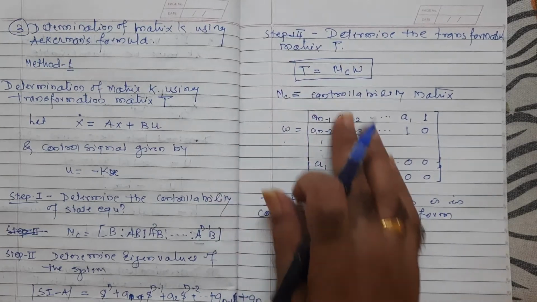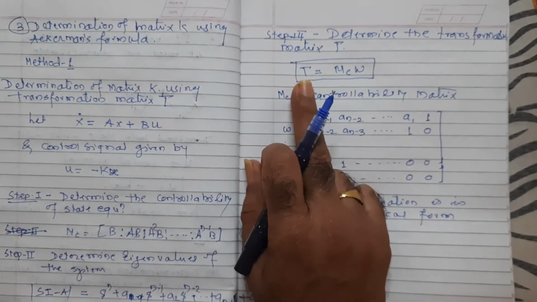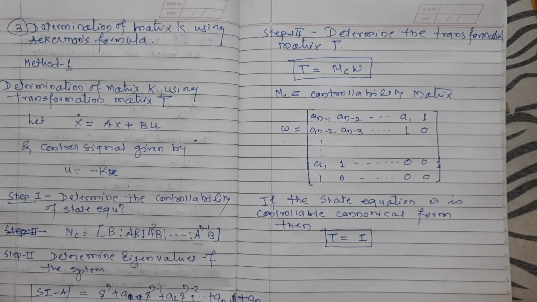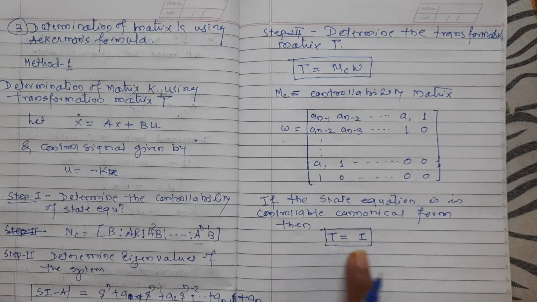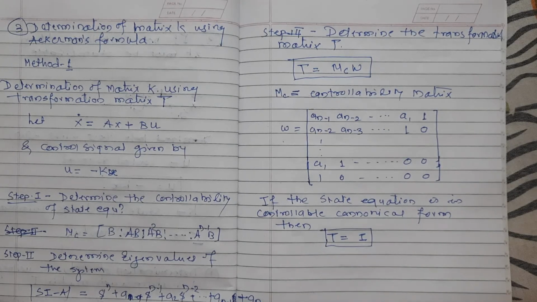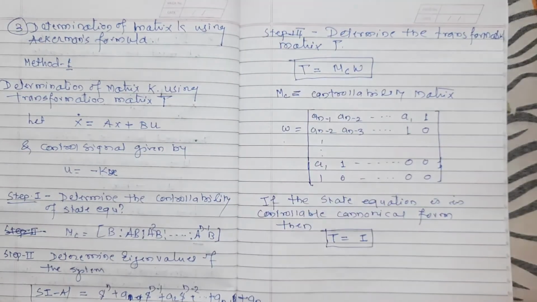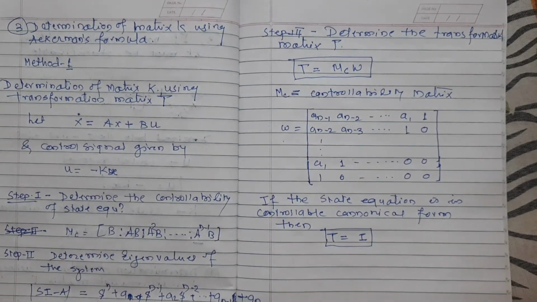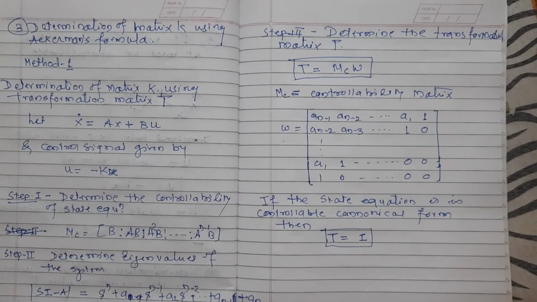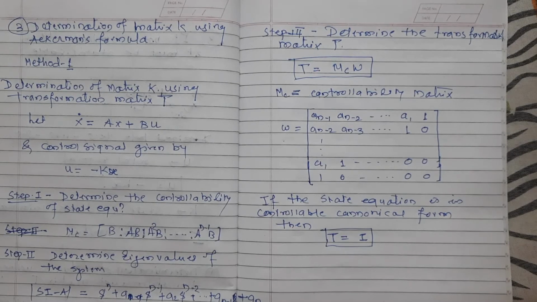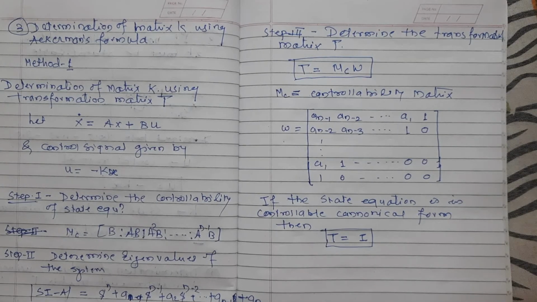The purpose of finding T, the transformation matrix, is to transform my system into the controllable canonical form. If it is already in that form, we take T equals I. And if my system is not in the controllable canonical form, then we find the transformation matrix so that it transforms my system into controllable canonical form. How? That we will see now. See here, these are the steps.